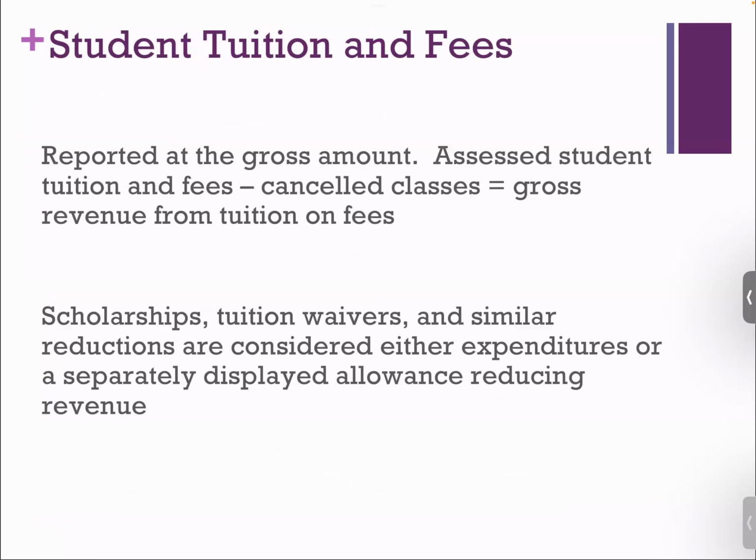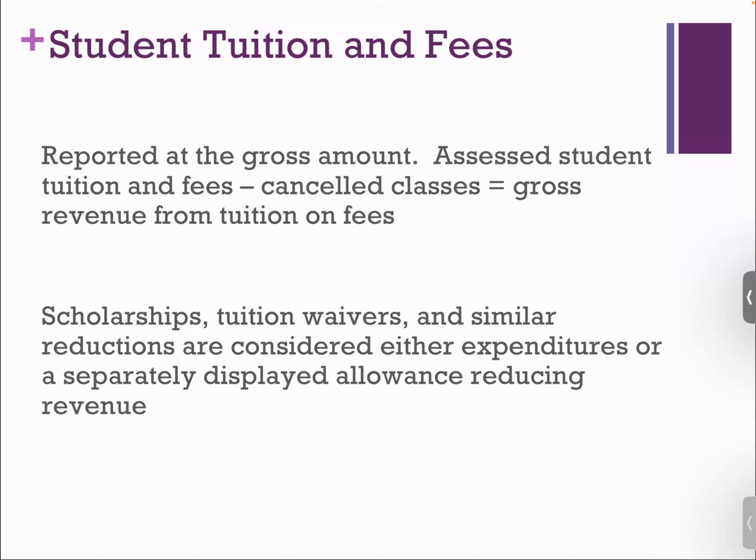I kind of repeated this, but what I wanted to do on this slide is show that these other things, like scholarships, tuition waivers, and similar reductions, are considered either expenditures or separately displayed allowances reducing revenue. So they'll say things like discounts for the kids of employees.